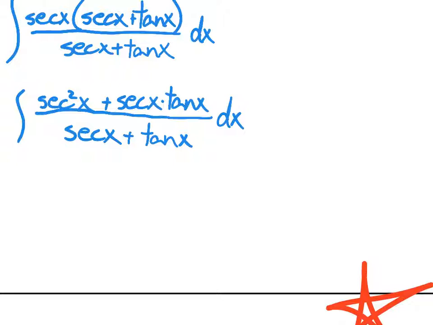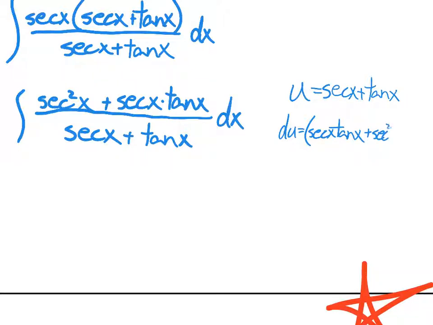So let's think about this, okay? If we make the u equal our denominator now, secant x plus tangent x, then the du is going to be the derivative of secant x, secant x tan x, plus the derivative of tangent, secant squared x dx.